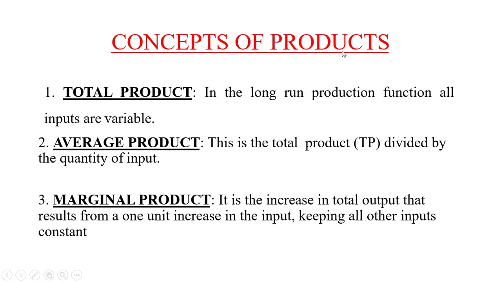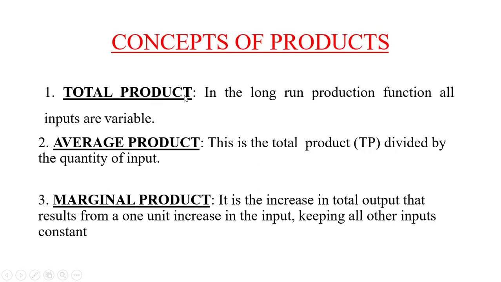Next is concept of products. Now what are the concepts of products? We have talked about the production. Production is a combination of input and output, and now we need to know what are the different types of products we use in business economics. First is total product, next is average product, next is marginal product.